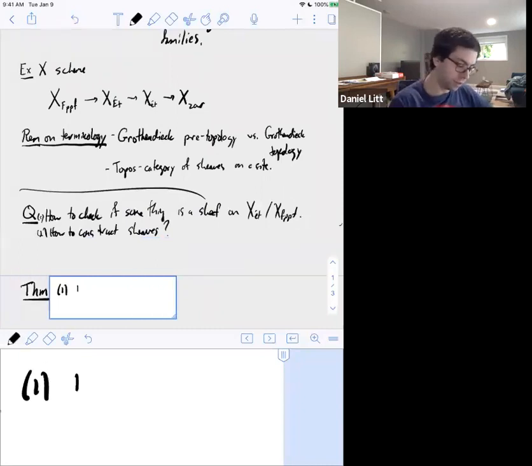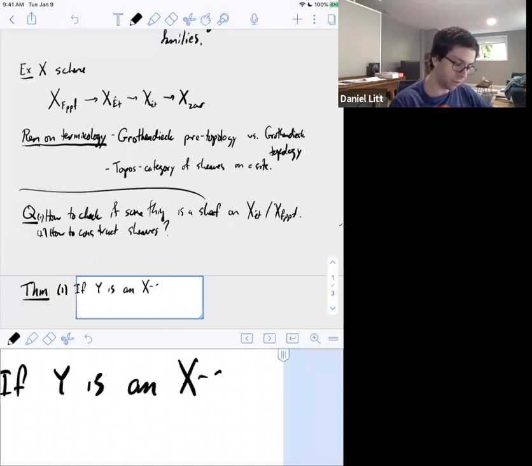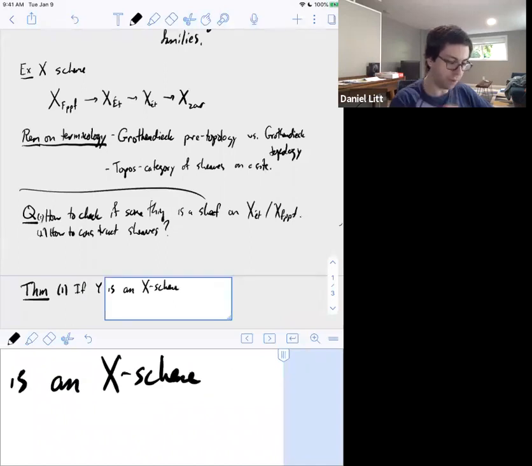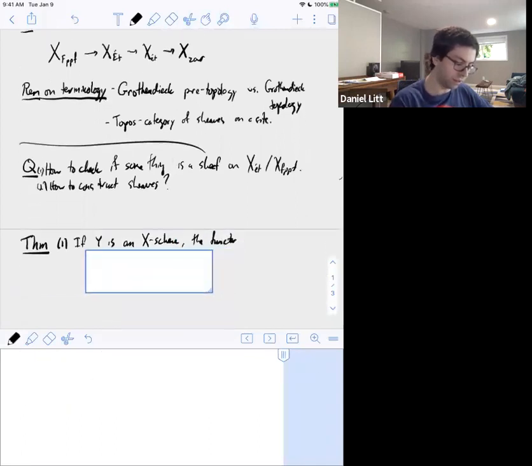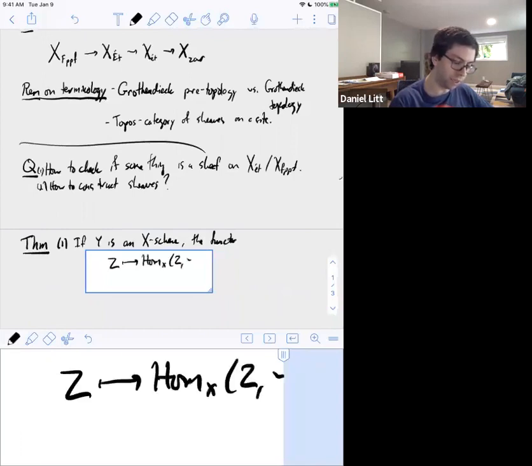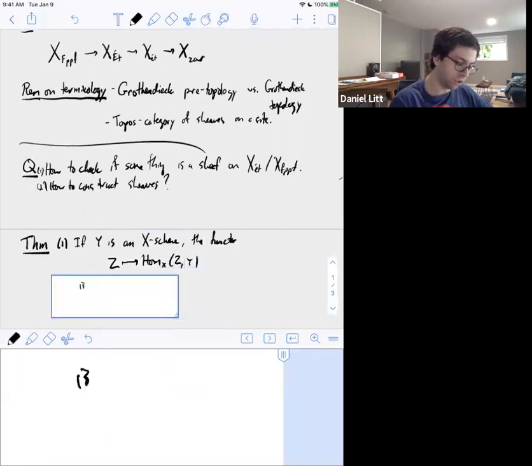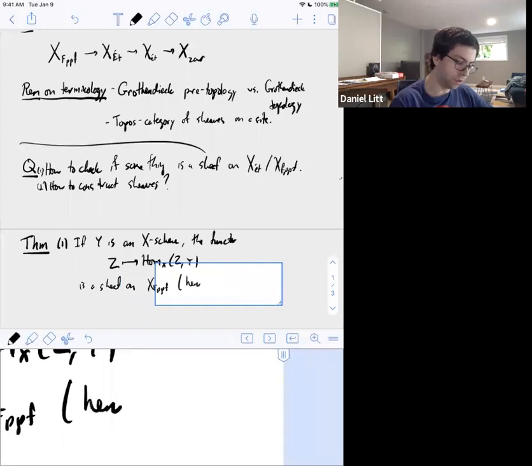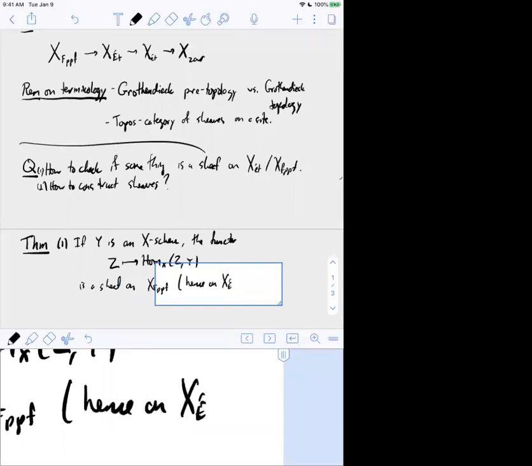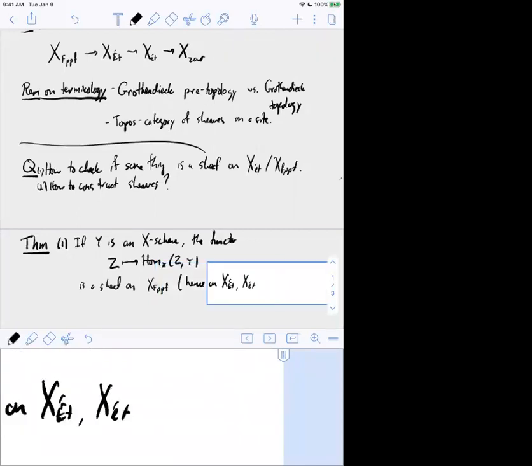One is that if Y is an X-scheme, so that just means a scheme equipped with a map to X, then the functor Z maps to Hom over X of Z and Y is a sheaf on the fppf site of X, and hence also on the big Etale site, the small Etale site, and so on.